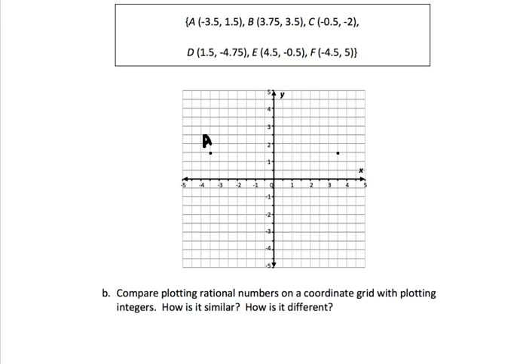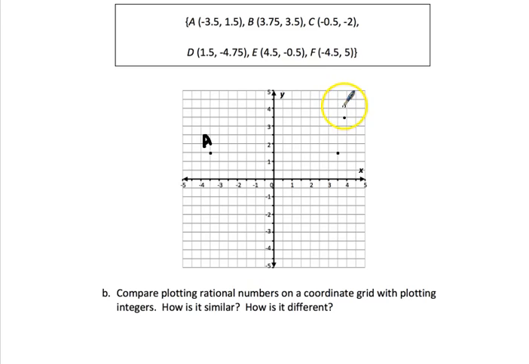Okay. Now I'm going to go to B. Okay. Now we're going to record B. And B is 3 and 75/100 for X and 3 and 5/10 for Y. So here's 3 and 75/100 and 3 and 5/10.